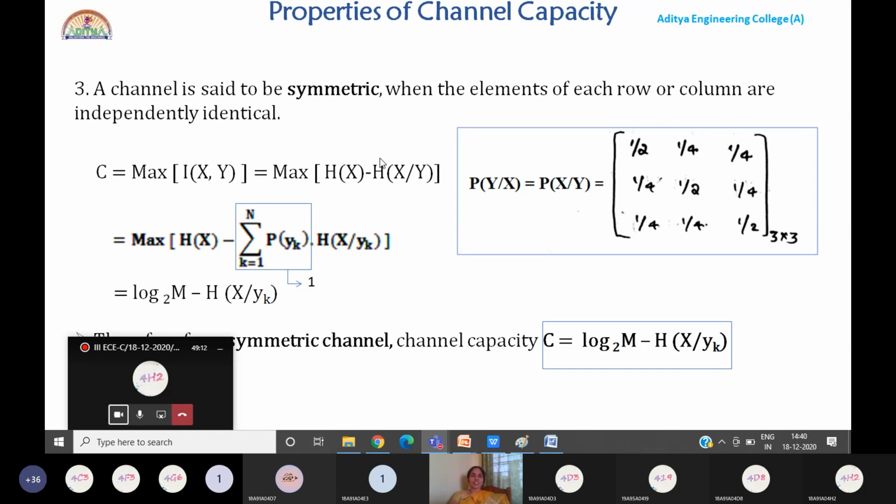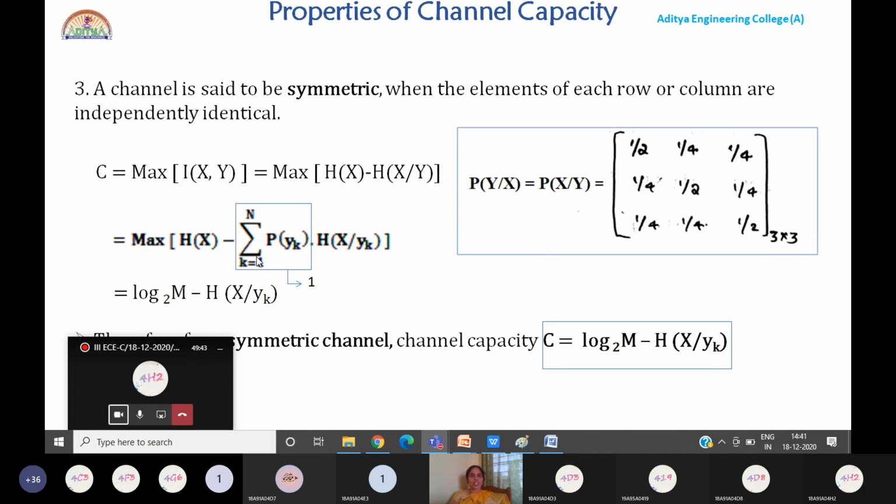The first step is to represent the conditional entropy in terms of the corresponding average conditional entropy. So H of x by y is the conditional entropy of transmitter knowing the receiver events. Now here you are representing this conditional entropy in terms of average conditional entropy knowing yk, that is H of x by yk. So how can you write H of x by y?